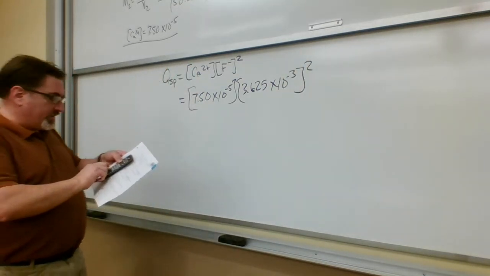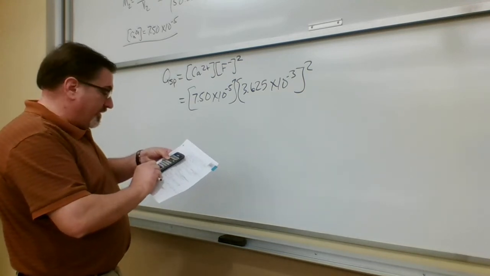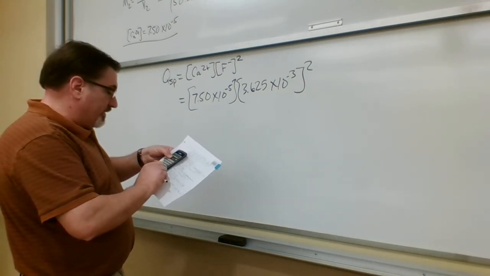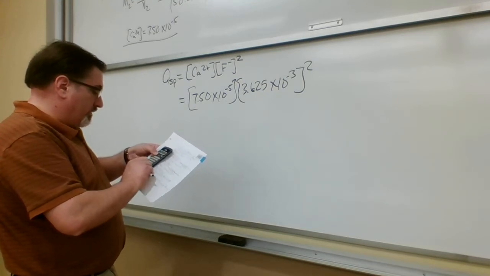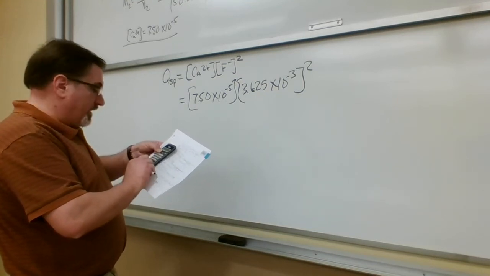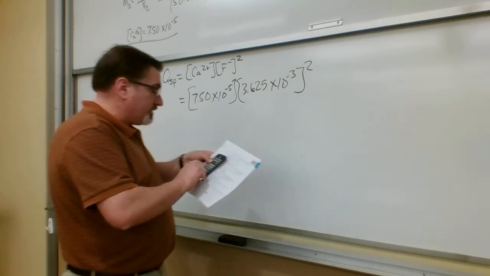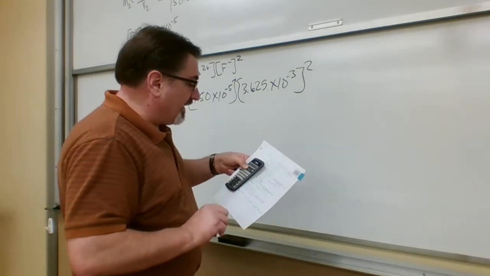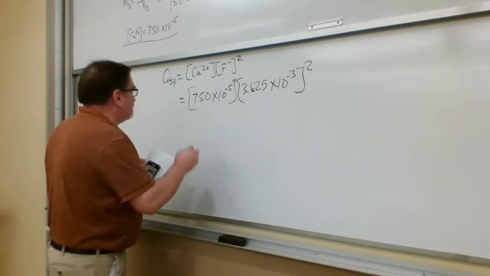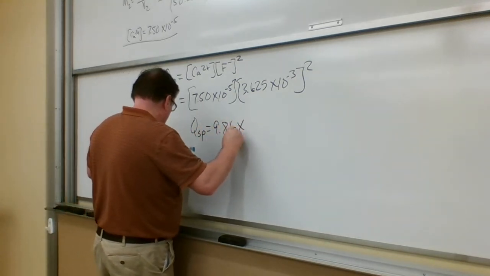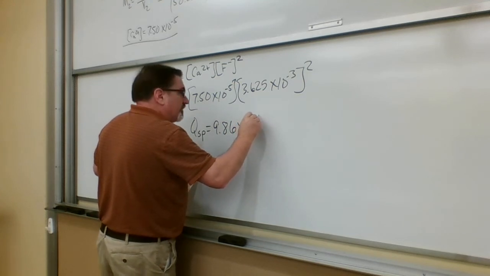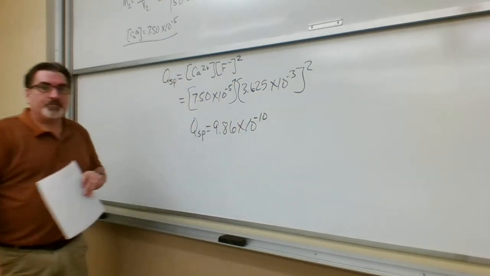So we type in 7.5 times 10 to the minus fifth times 3.625 times 10 to the minus third, don't forget to square that, equals, I get 9.86 times 10 to the minus 10th for QSP.